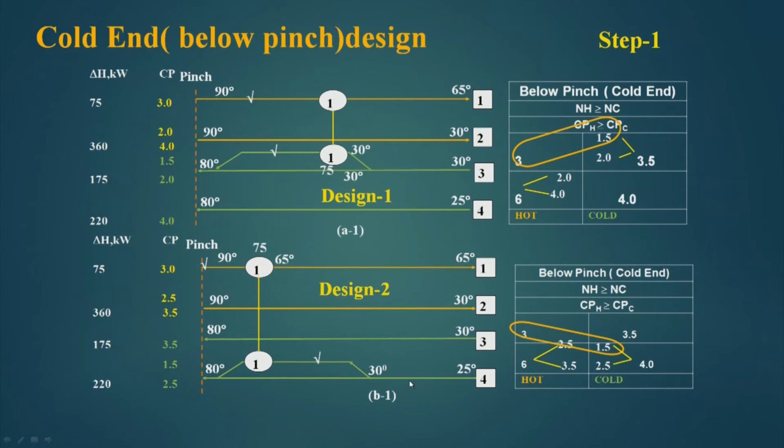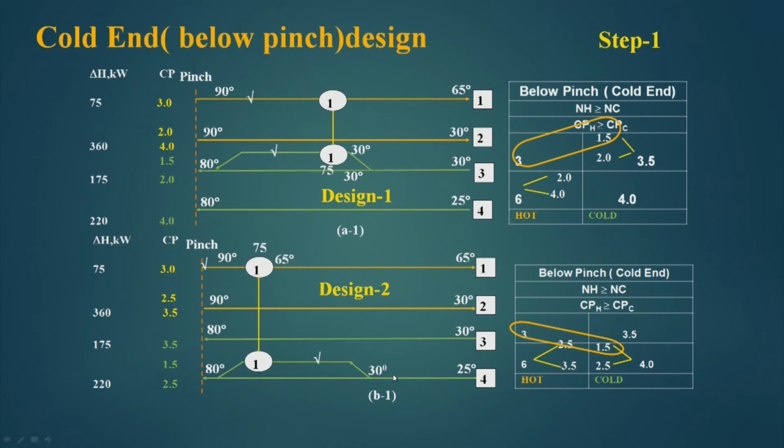Let us see. So, if I put a 75 kilowatt load here, immediately it will reach the target temperature. So, the outlet of this heat exchanger 1 is 65 degree centigrade, because it has reached the target temperature.